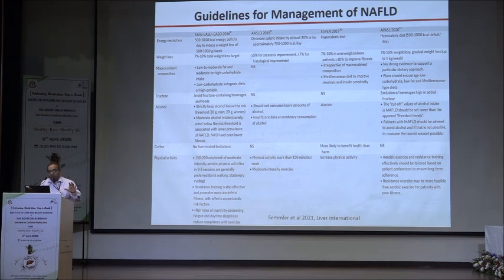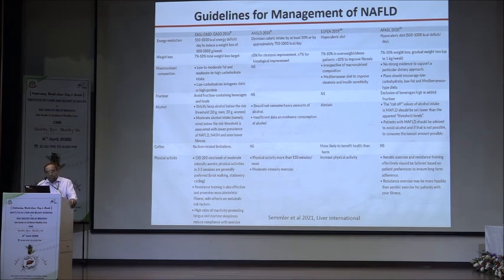So there is a consensus on that. And then weight loss, generally 5% to 10% in various guidelines. So weight reduction is the cornerstone of management of NAFLD. And for weight loss, obviously, nutrition and exercise. These are the two important factors which you can manipulate.